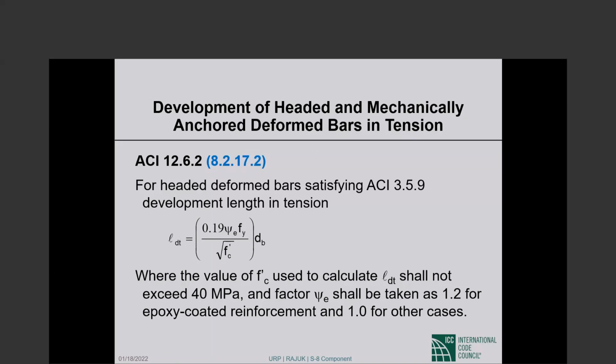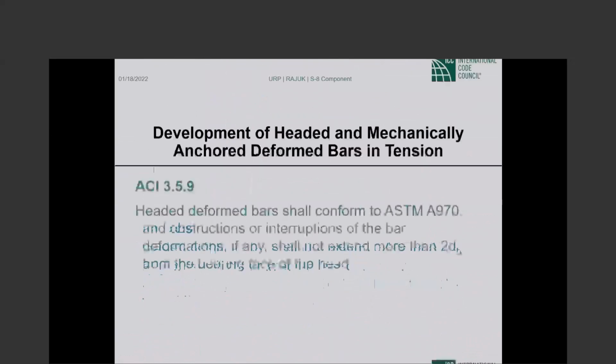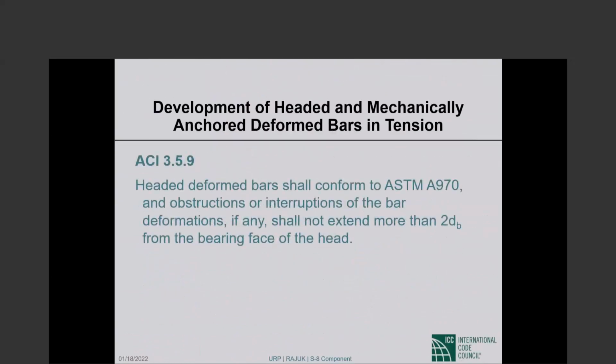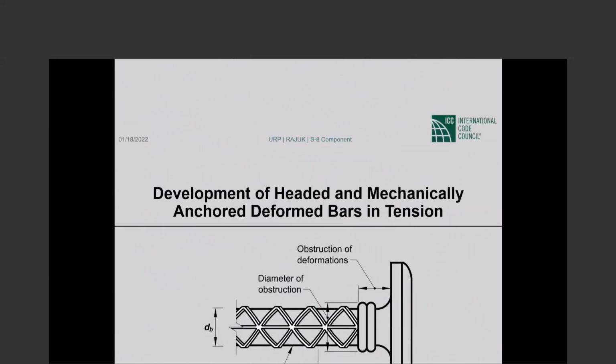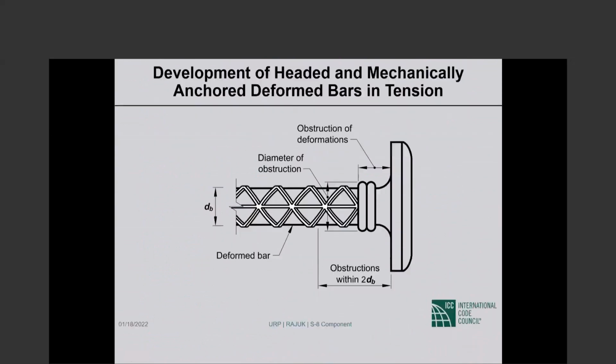So the expression is not complicated, not very unlike the other expressions, but there are conditions for using headed bars, and then this additional restriction: in calculating L sub dt, f sub c prime shall not exceed 40 MPa. Obviously, as the concrete strength goes up, the required development length goes down.